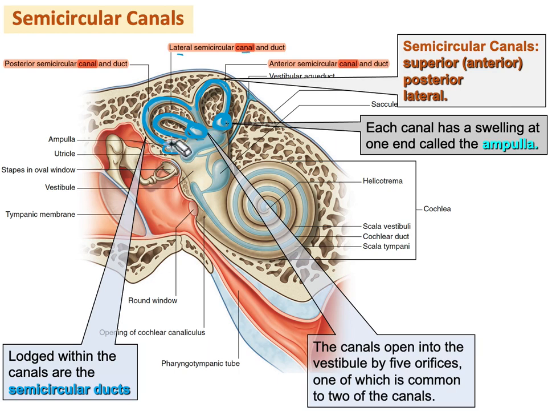If you count them, we have 1, 2, 3, 4, and 5. Why? Because the anterior and posterior semicircular canals share one opening, a common one, right?